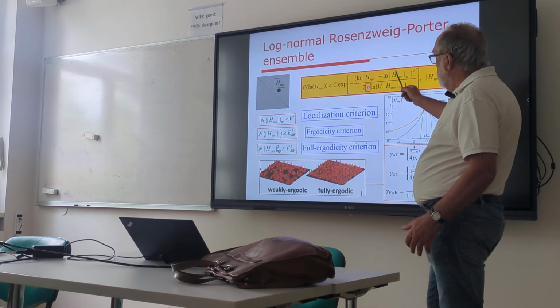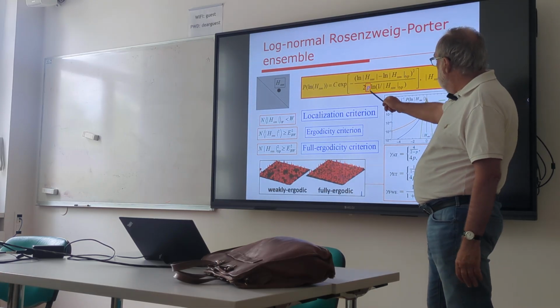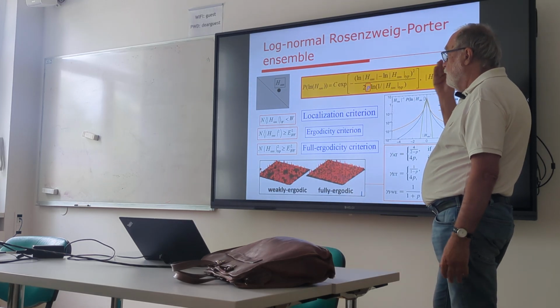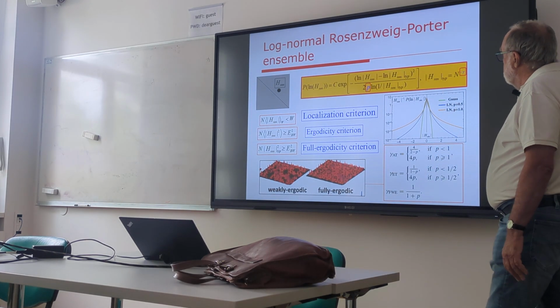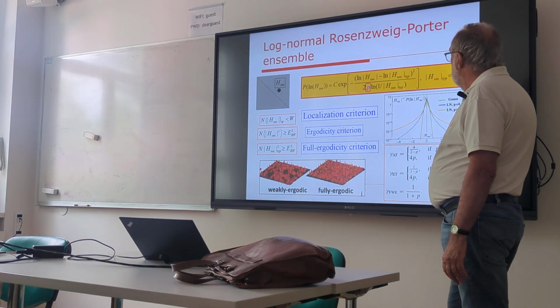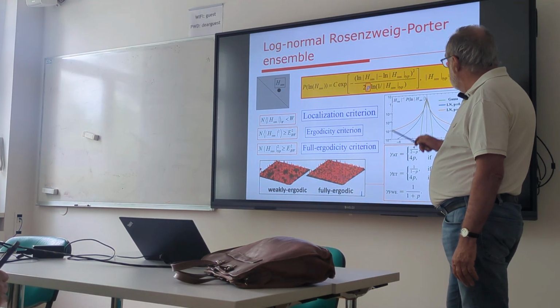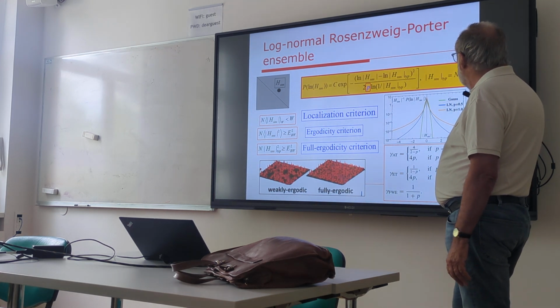And indeed, when we simulate this ensemble with very small p, we see the results identical to the Gaussian distribution. So this tells us that actually the tails in the distribution are very important.